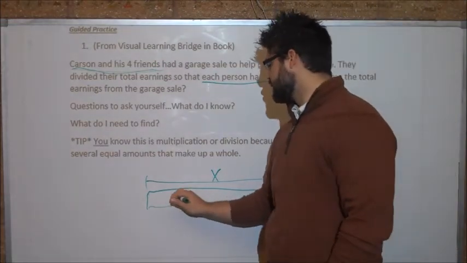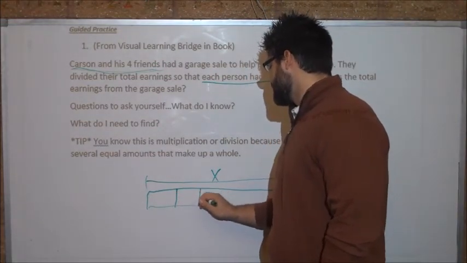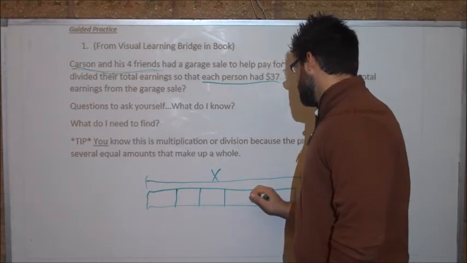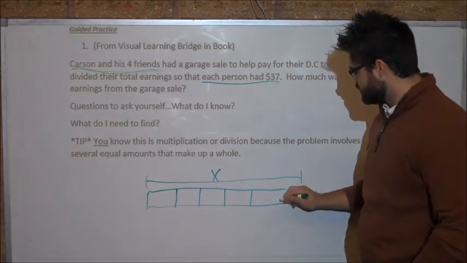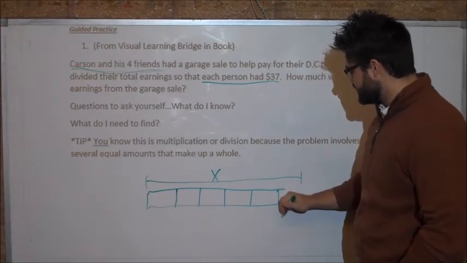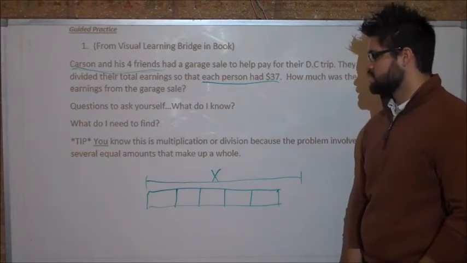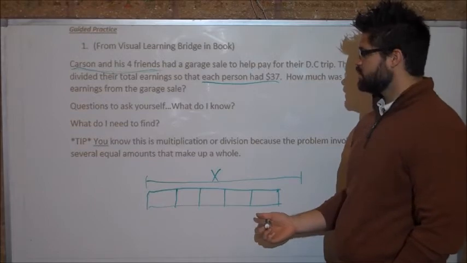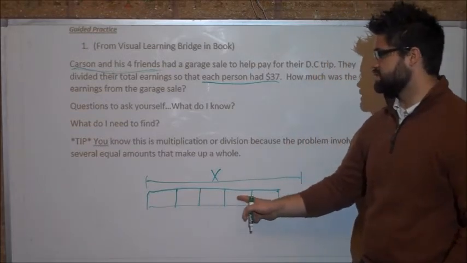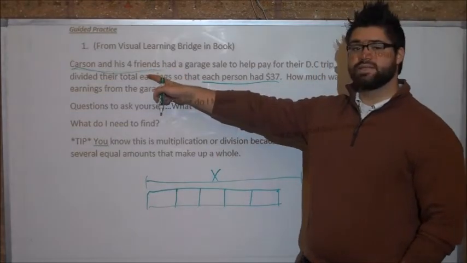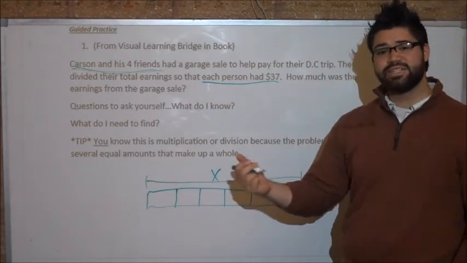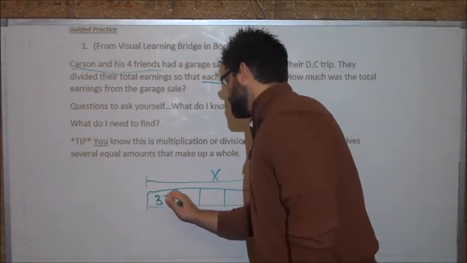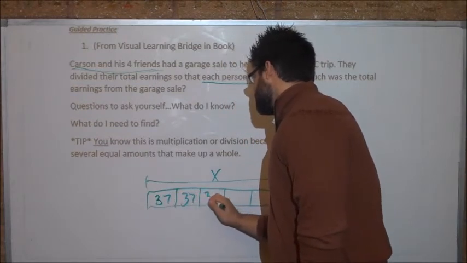So I'm going to divide this up into 5 equal sections. 1, 2, 3, 4, 5. That's not very equal, but about as equal as you can get. Now we have 5 sections for the 5 friends total, and each person is getting $37. So each of my sections is worth $37.